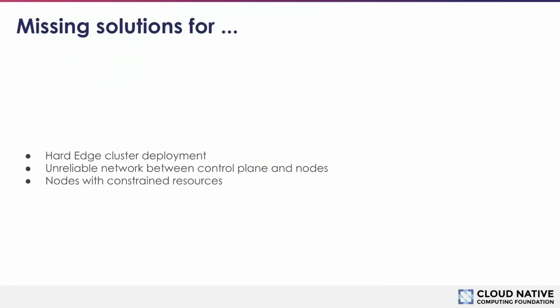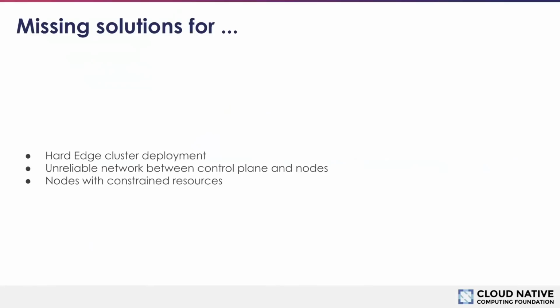So basically, the whole Kubernetes platform is struggling with three main things, as I said: infrastructure challenges, how to deploy clusters on the edge, how to deal with the unreliable network between the control plane and the nodes, and how do we deal with those constrained resources.